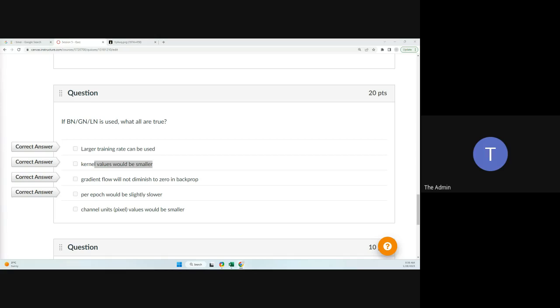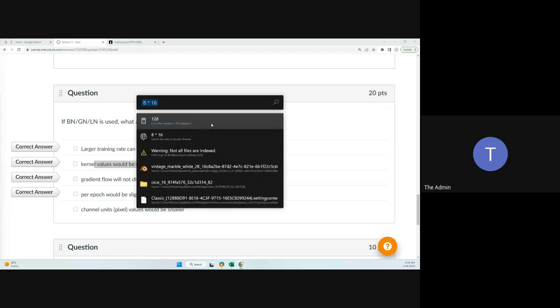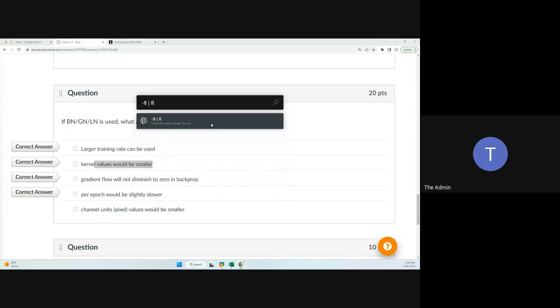Can someone else explain? Is it because everything is going to be close to zero and towards the mean, and so the values can be smaller? As the channels are normalized, the goal of the normalization itself is to have these kernel values smaller. Okay, so let's see this. Let's say we have our kernels which are between minus 8 and 8, right?